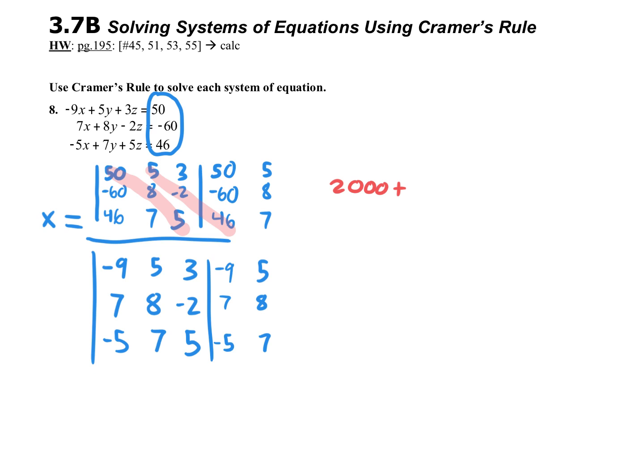So that's negative 10 times 46, which is negative 460. And then next, we're going to multiply these 3 numbers together. Negative 180 times 7. That is negative 1260.